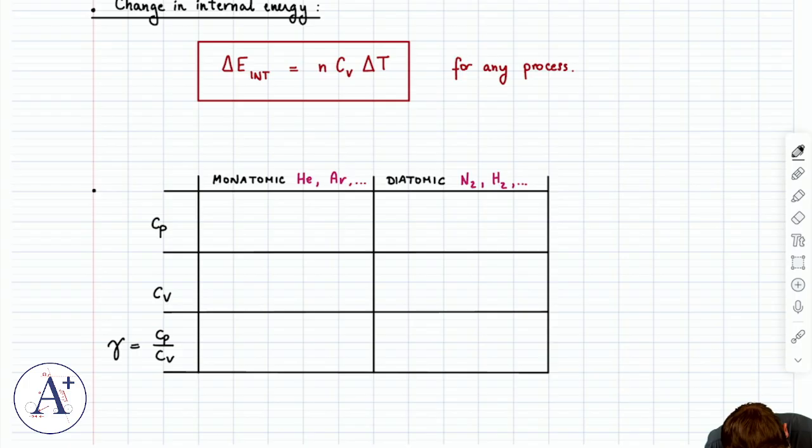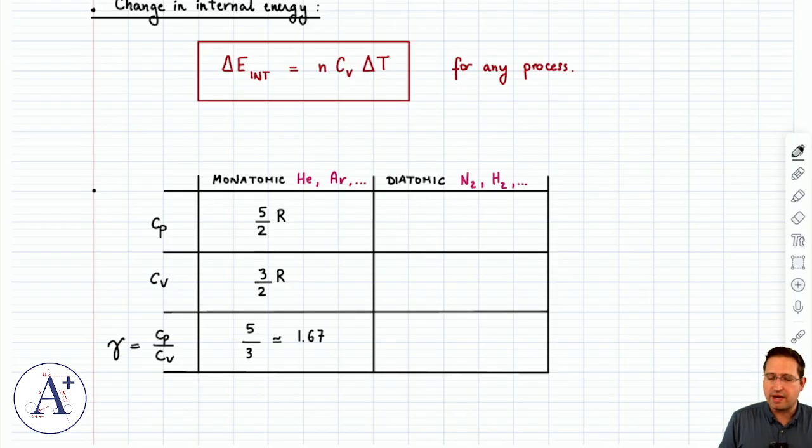But Cp for a monatomic gas is going to be 5/2 of R, while Cv is going to be 3/2 of R. And then gamma, which is Cp over Cv, is therefore going to be 5/3, which is approximately 1.67.